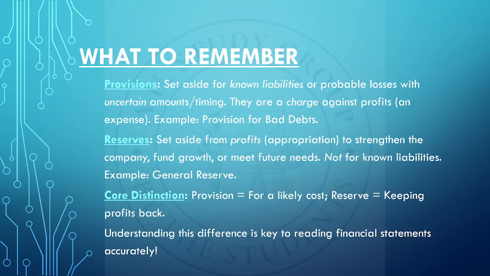These are not made for known liabilities. The charge versus appropriation is a very important distinction. Now, there you have it: provisions and reserves demystified. Understanding this difference is fundamental to correctly interpreting a company's financial statements and its overall health.